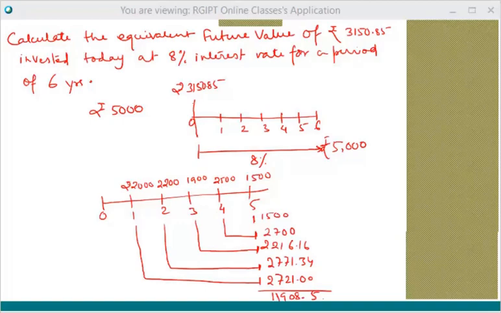So this is the kind of thing that you have to bring in your thought process, how you are going to write these things.